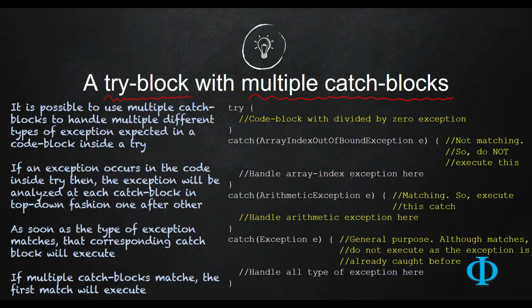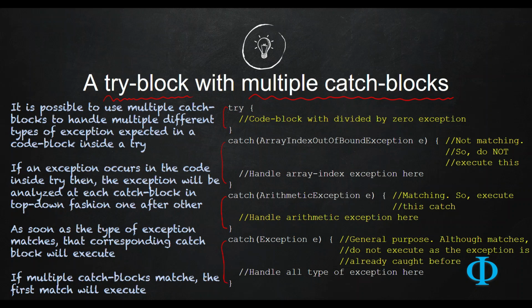So in that case, you may want to use one try block, and then each of the different types of exceptions that you are expecting, you can write in successive catch blocks like this.